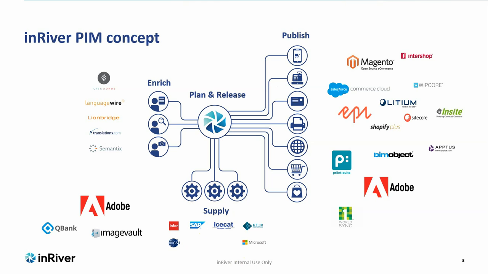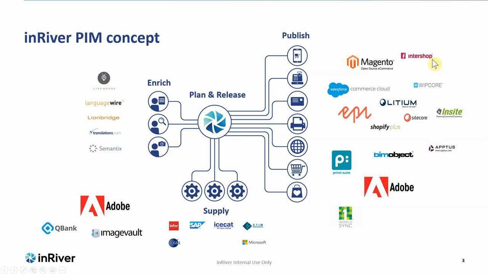Also, during the enrichment process, we have contact with other types of players, such as the DAM providers and translation agencies that make sure that the text that you have created also gets translated to all the different languages that you want to use in your channels. And when you publish, we want the content to go out in a big variety of platforms.